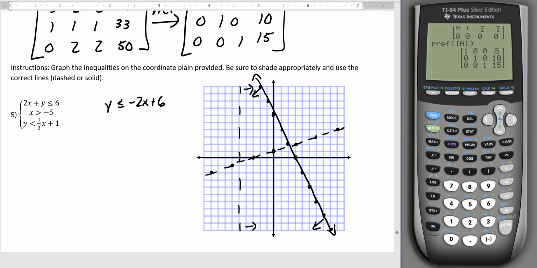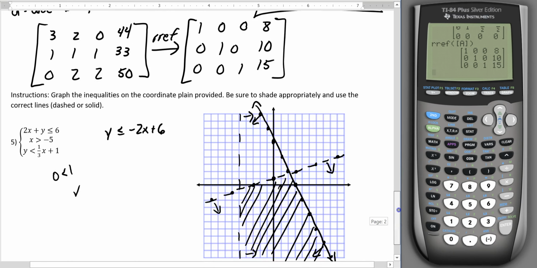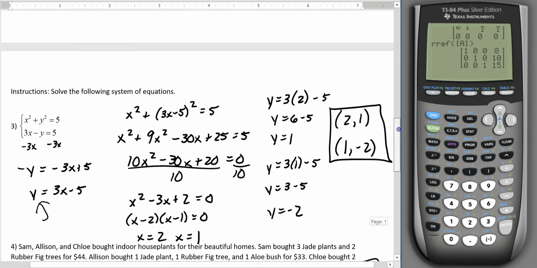And when I plug in 0, I get 0 is less than 1, which is also true. So this one will shade this way, which means that my shaded region is this section right here. Beautiful.